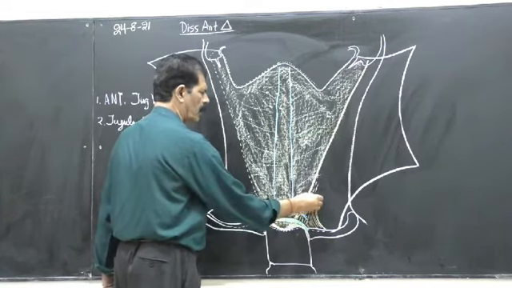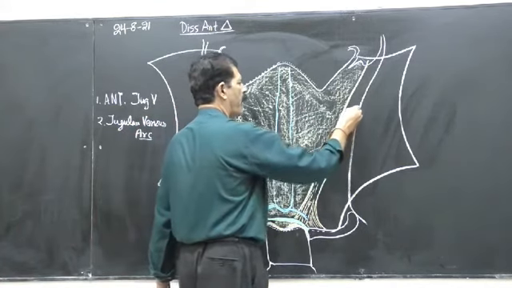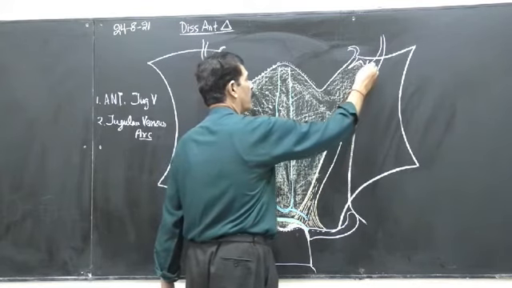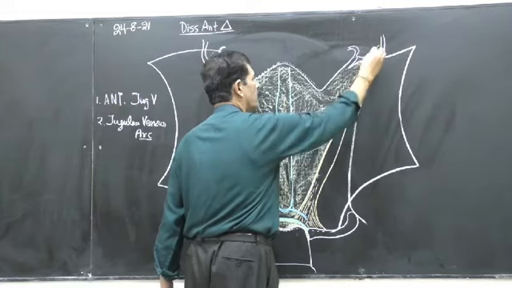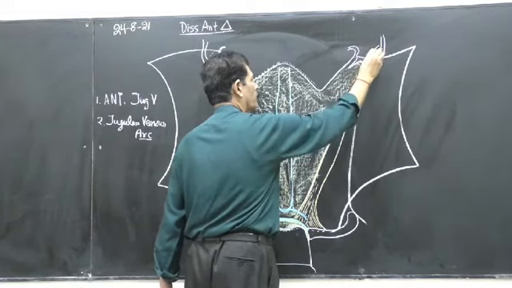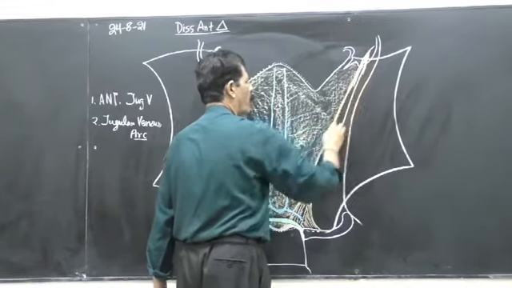Sternocleido. And then this muscle, so formed, runs upward for the insertion. And where is it inserted? On the lateral 2/3 of the superior nuchal line. So this is the boundary of the anterior triangle.